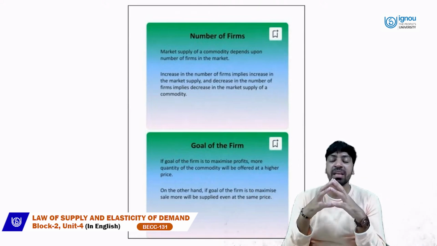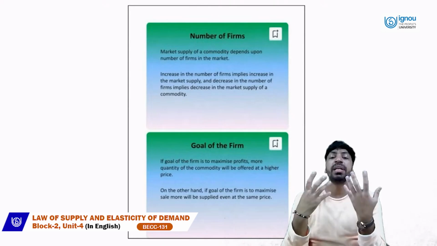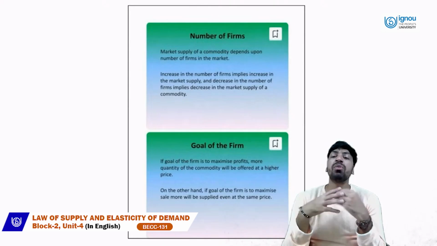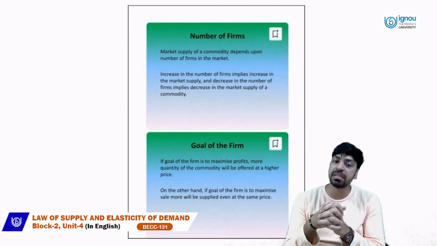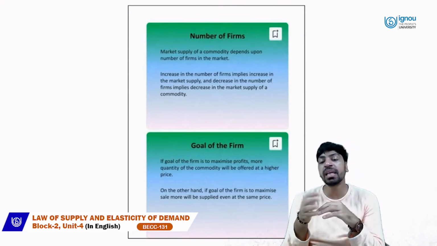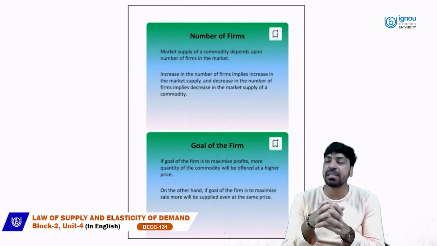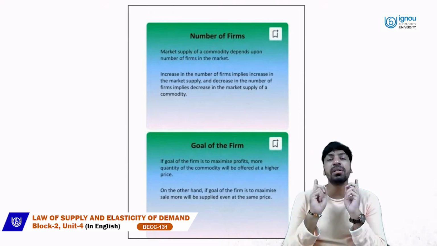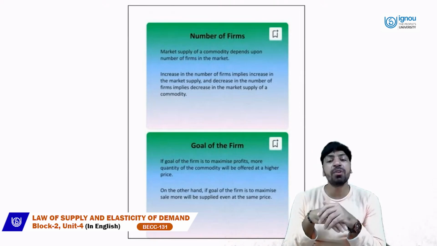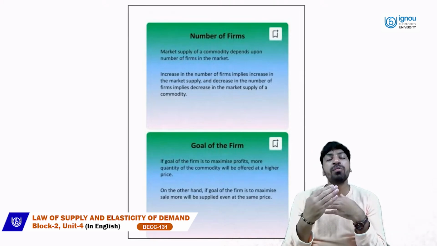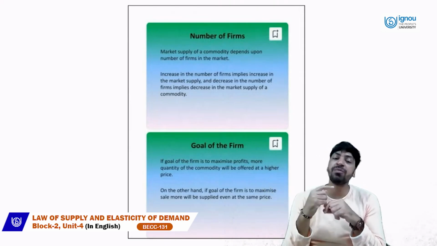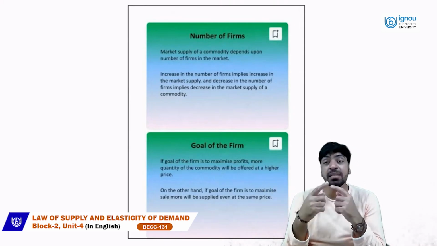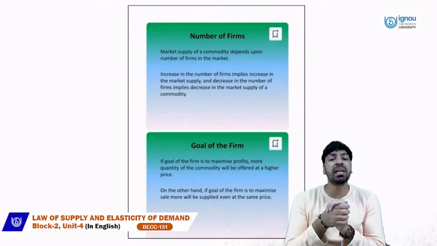If the firm's goal is to maximize profits, more quantity is supplied at a higher price. On the other hand, if the goal is to maximize sales, supply would increase at the same price only. As a result, it would increase the sales of that particular product.